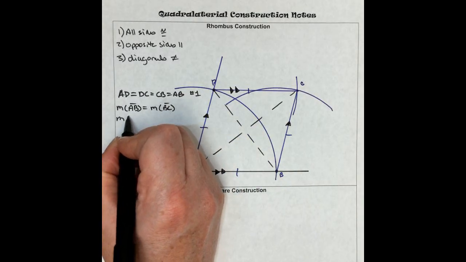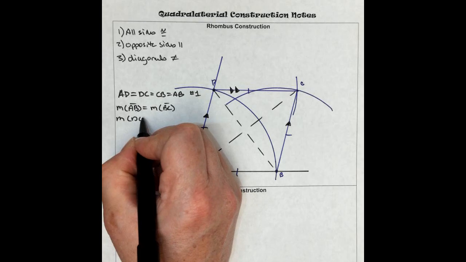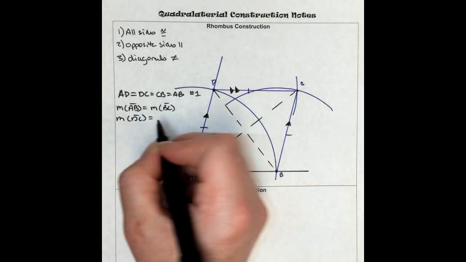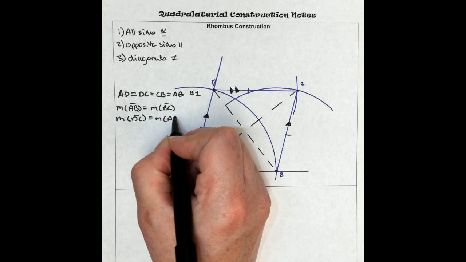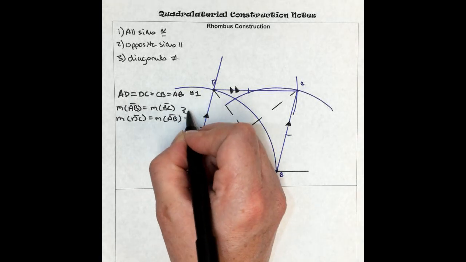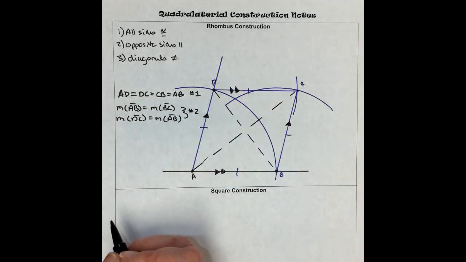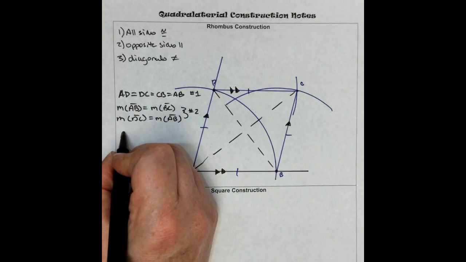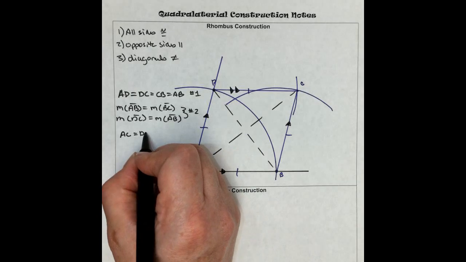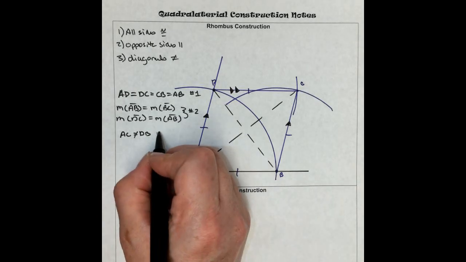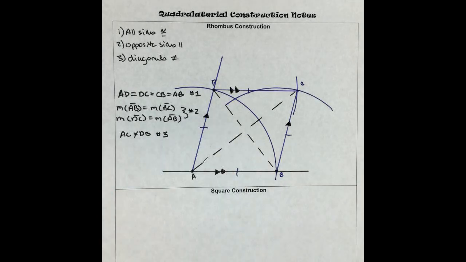Then I have to prove that the slope of DC is equal to the slope of AB. That's the second thing I have to do. Then I have to show that AC is not equal to DB. Those guys are not. If I have proven those three things, then this guy is a rhombus.